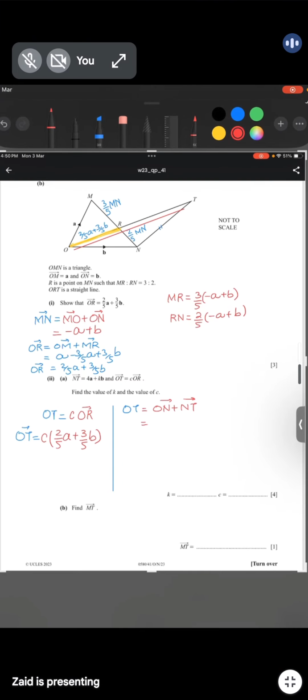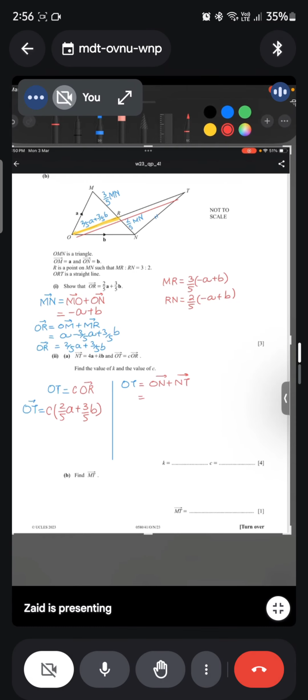Do I know the value of ON? Yes, I do. What about NT? They have given to us NT as 4A plus KB, in the question.